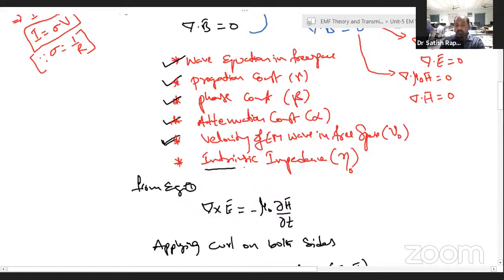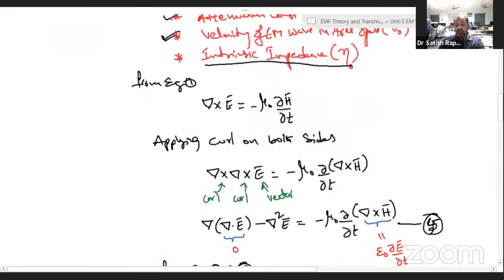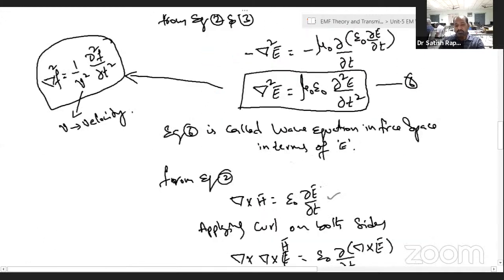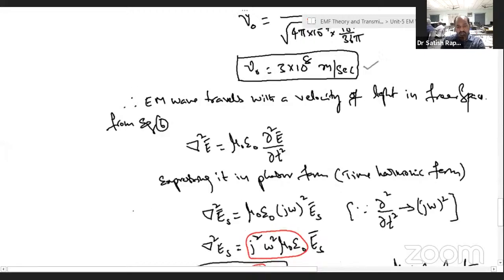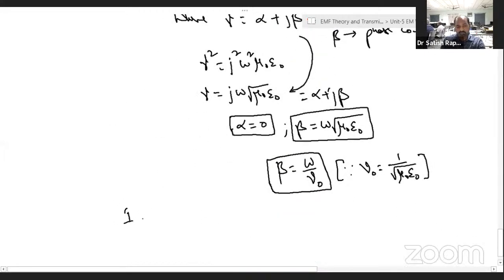And coming to intrinsic impedance of free space, I will discuss it in detail later, but you just remember this.